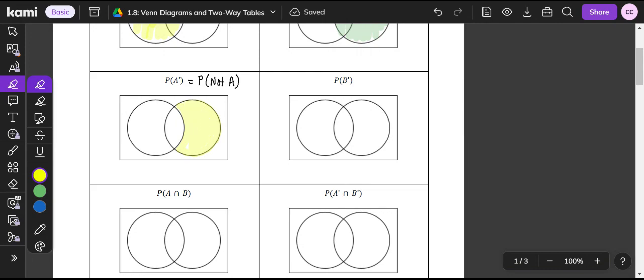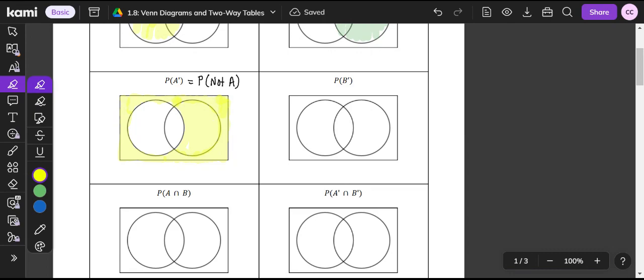But that would also be the surrounding space because the rectangle represents your total probability, 100%. And just because there's only two events, A and B, doesn't mean that there is a case where neither of them can happen. So that case would be outside in the box.